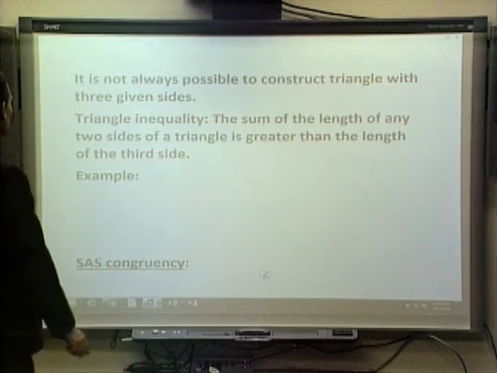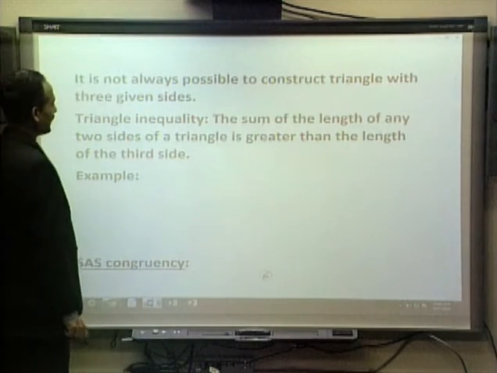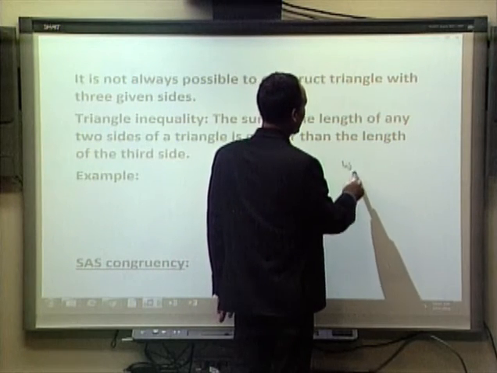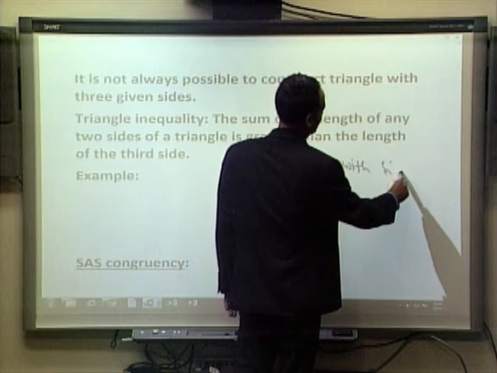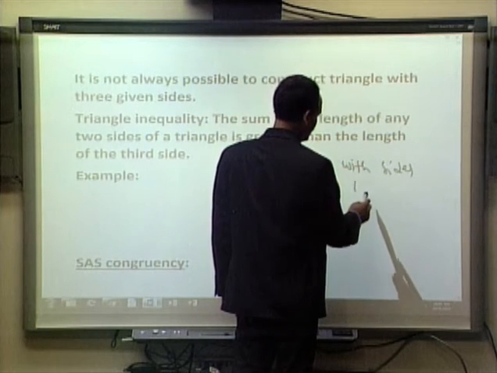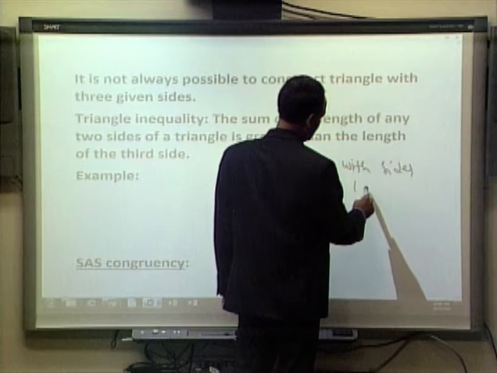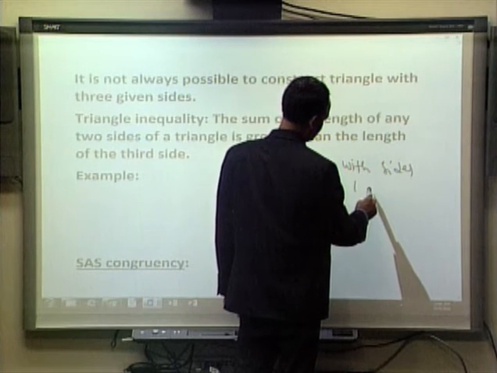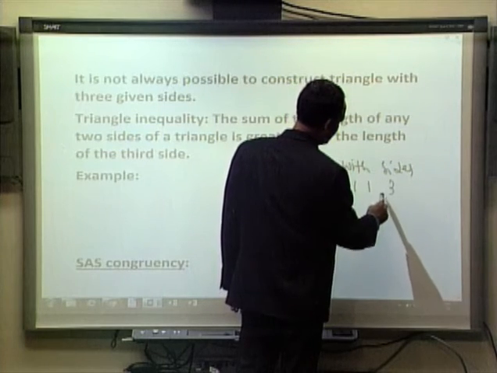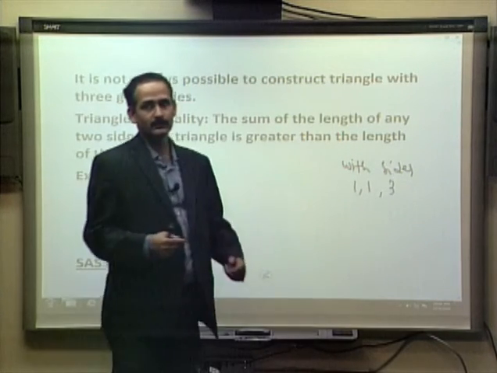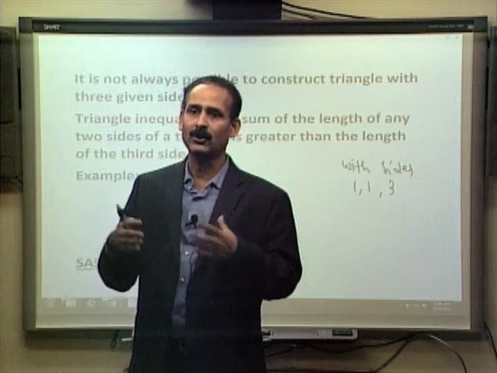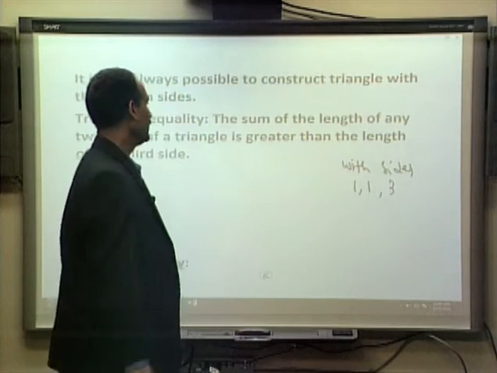So, for example, let us say somebody tells us construct a triangle with sides 1, 1 and 3. Let us say one side is 1 centimeter long, the second side is 1 centimeter long and the third side is 3 centimeters long.